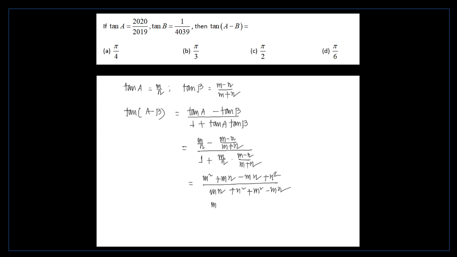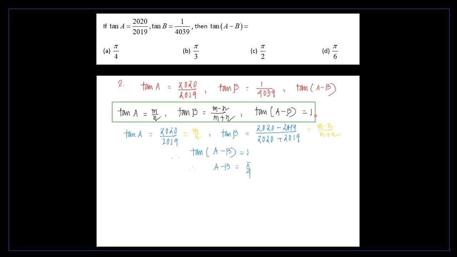So this gives us (m square plus n square) by (m square plus n square) equal to 1. So we can understand the shortcut is based on this result only, which you have derived.